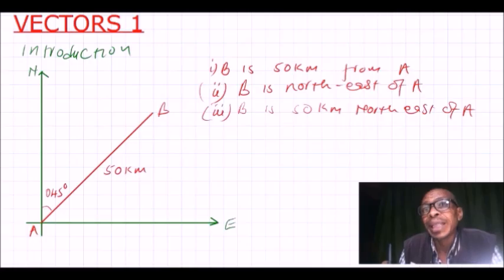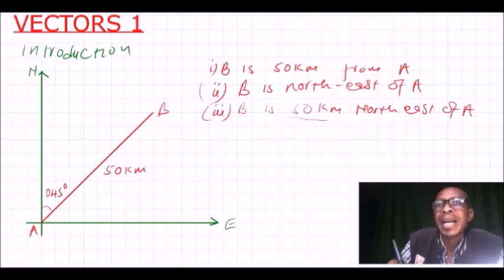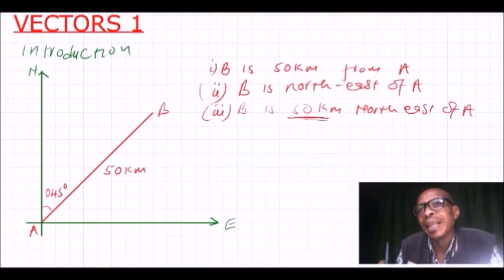Because it specifies the distance from A and the direction.